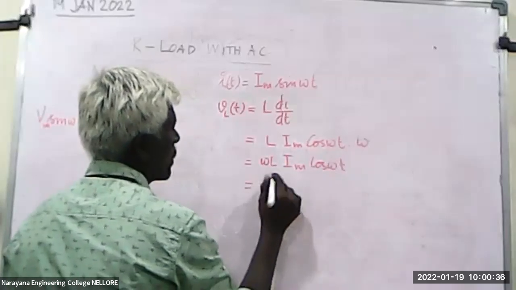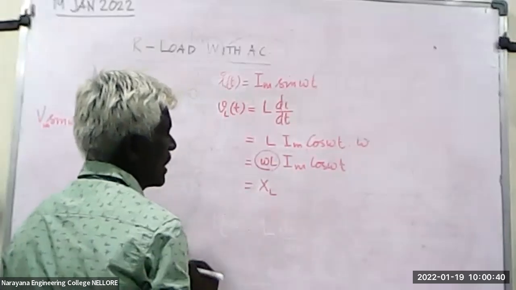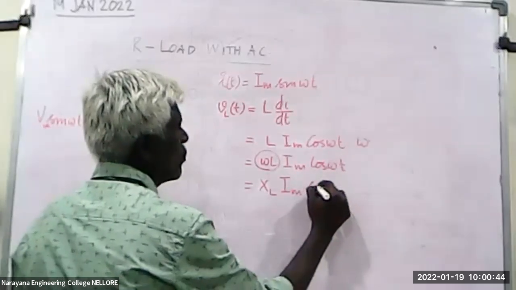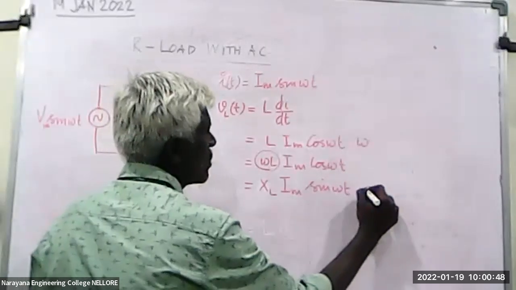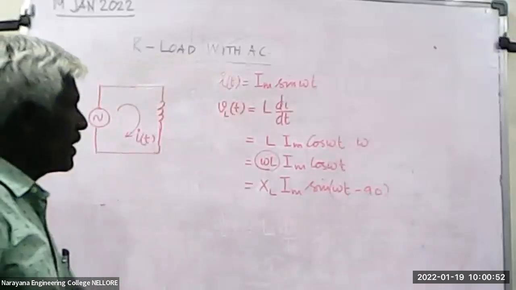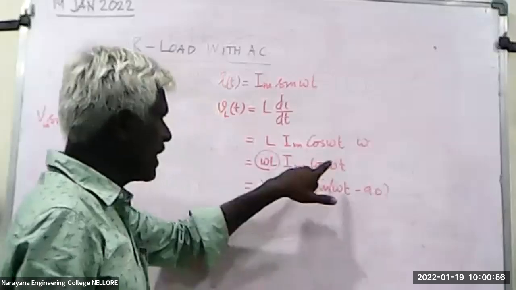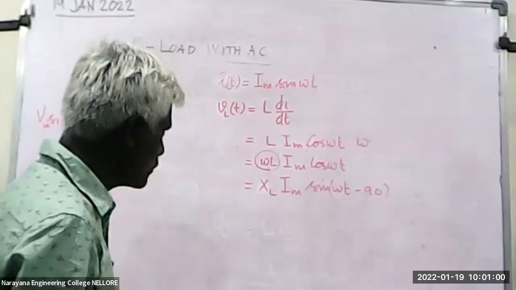We can write this as the inductive reactance XL Im sin omega t. I can write cos omega t in terms of sin omega t, with 90. When you apply the trigonometric relation, you get cos. Okay, this is the cos and sine relation.